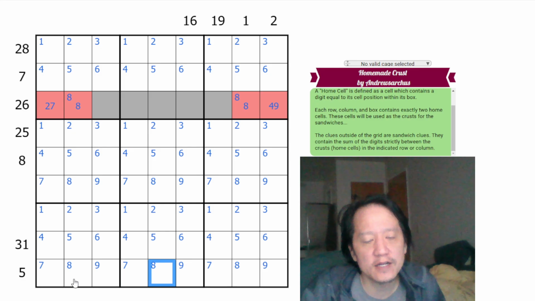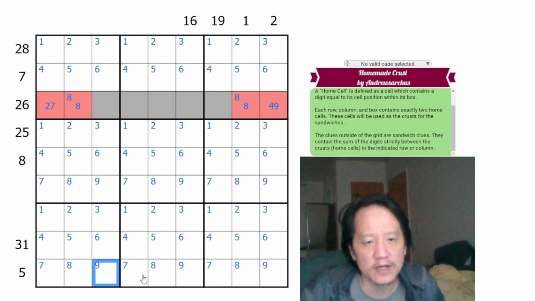Because you cannot ever have, if it's 7 and 8, obviously that doesn't work. This is an 8 and a 7 separated by 1. 8 and 7 separated by 1, so that works also. If you have 7 and 9 as a crust, there has to be 7 and 9 here, but the 7 doesn't work here. It's always a difference of 1.